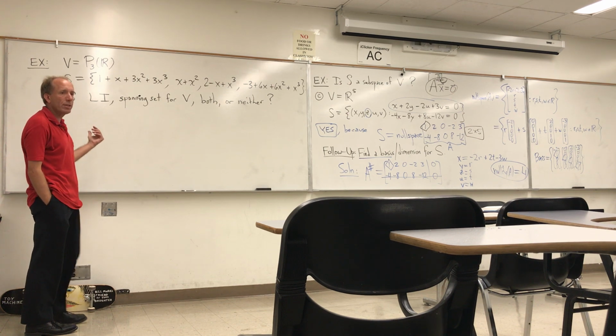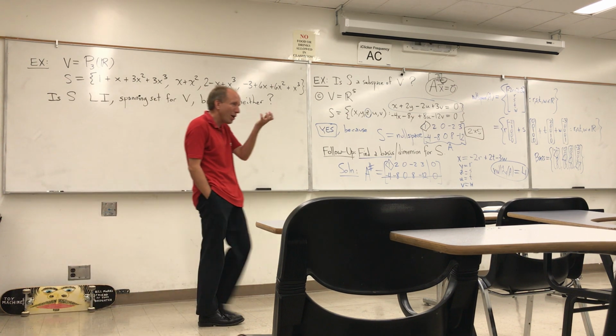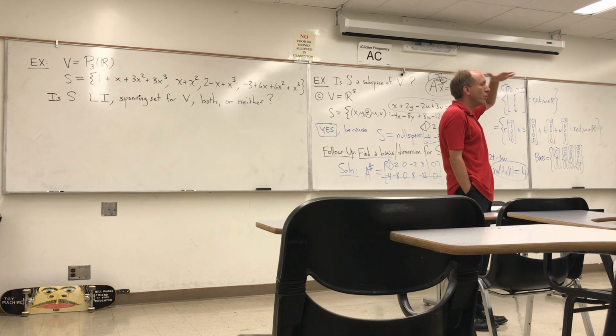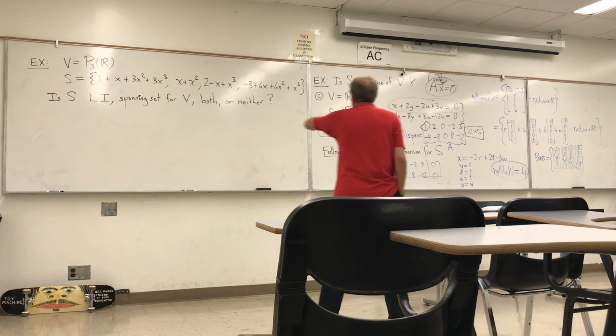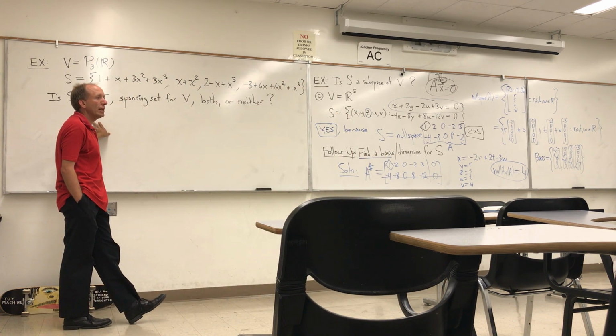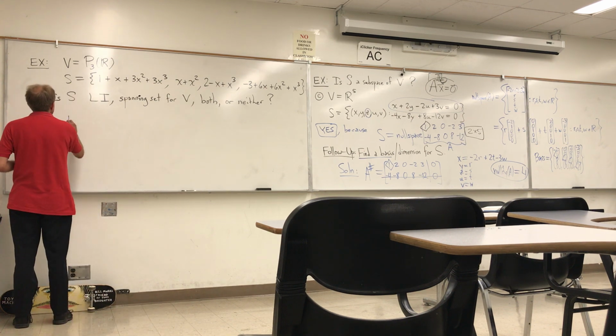The thing with this is that you can always cross off 2 of the choices immediately with no further thought whatsoever. And the way you can do that is by looking at the dimension of V and the number of vectors. What is the dimension of P3 of R? 4. It's 4, correct.